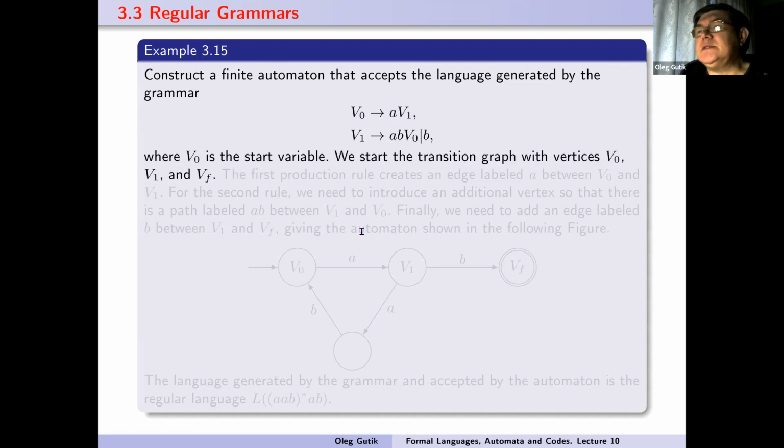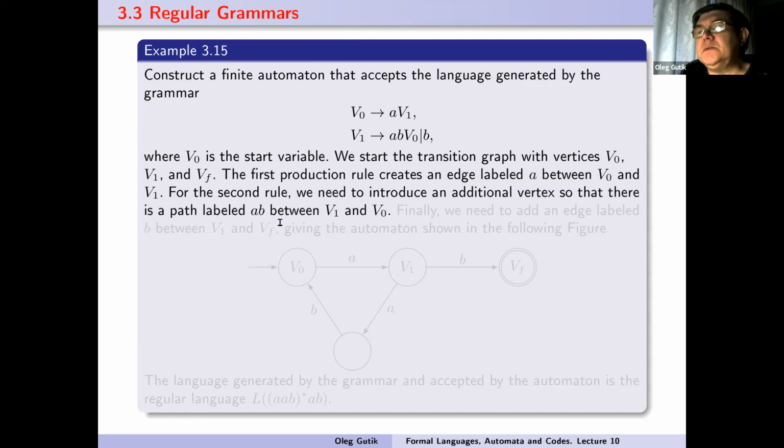We start the transition graph with the vertices V_0, V_1, and V_F. So the first production rule creates an edge labeled by the symbol A between the states V_0 and V_1.